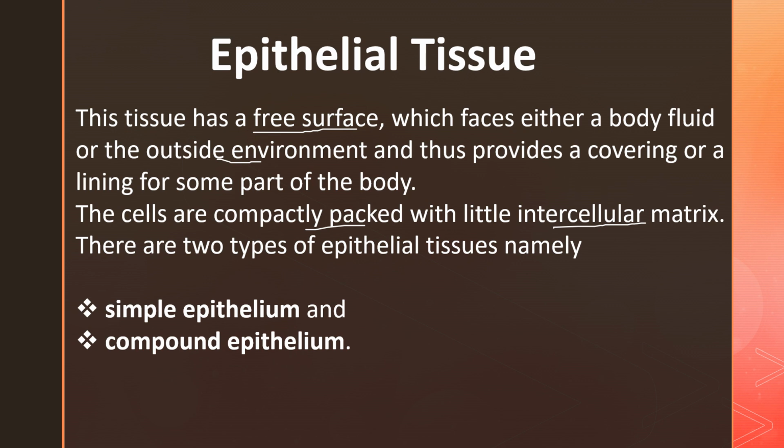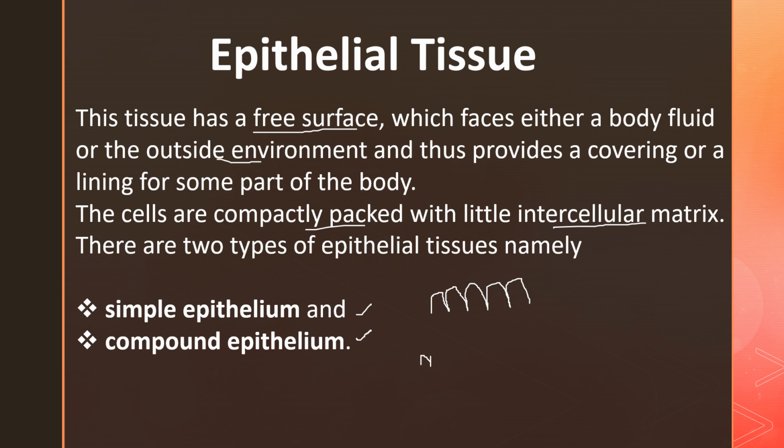Here there are two types of epithelial tissues, namely simple epithelium and compound epithelium. If the cells are arranged in a single layer, we call it simple epithelium.